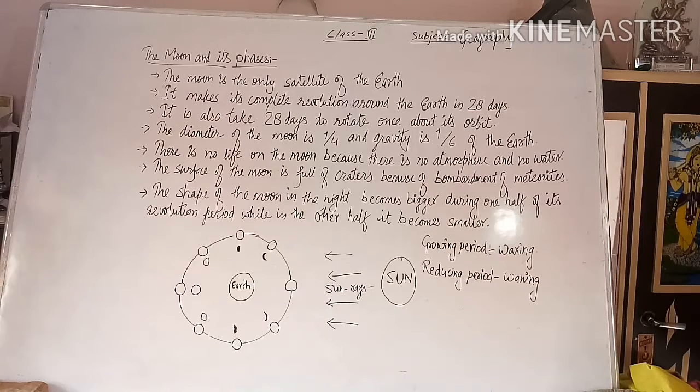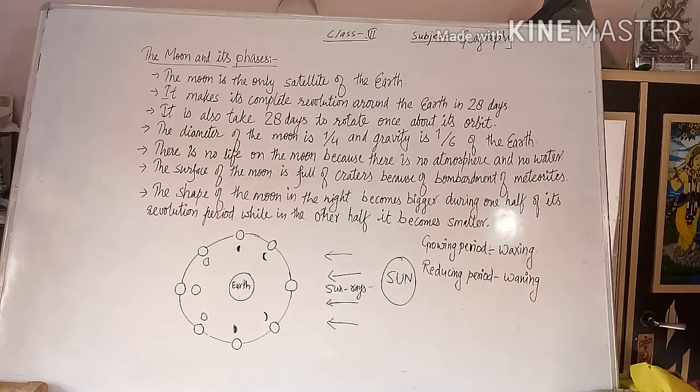The diameter of the moon, the diameter means the total rounding shape. The diameter of the moon is 1/4 of the earth, and the gravity is 1/6 of the earth.